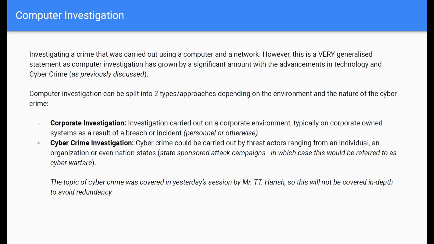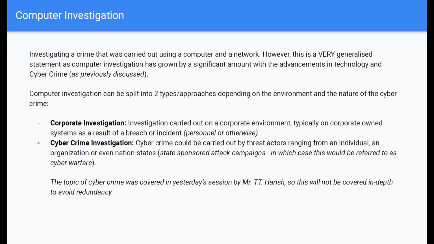Because of the advancement of technologies and the different cybercrime methodologies and the growing forensic techniques and technologies, you can't just say it's carried out using a computer and a network. You could say it is a computer system, which would encompass a lot of the technologies, and obviously a lot of times a network is involved. But that's what a computer investigation is, usually aided by some kind of technology and a network service.